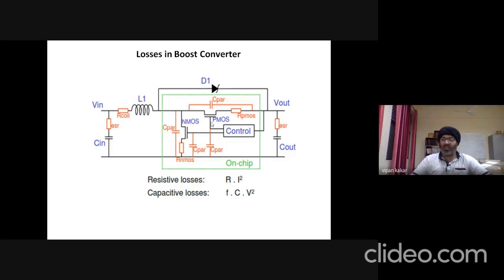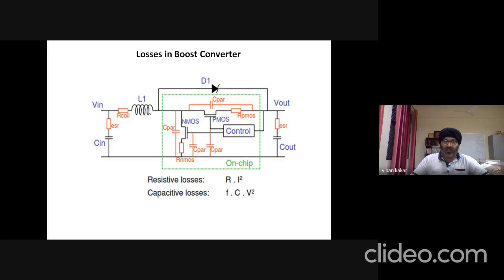NMOS and PMOS can easily complement each other for smoother operation, for lossless operation. Controlling a diode can be difficult, or it consumes more energy compared to PMOS. That's why S2 is always designed using PMOS. It can easily be controlled using the control algorithm inside the controller.